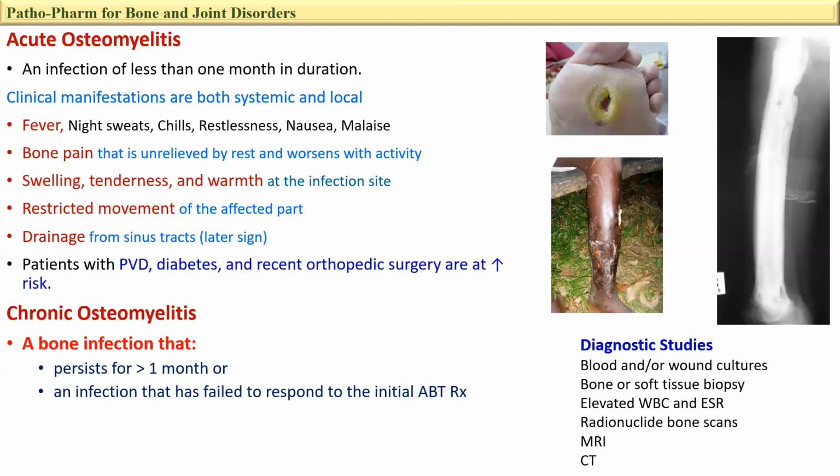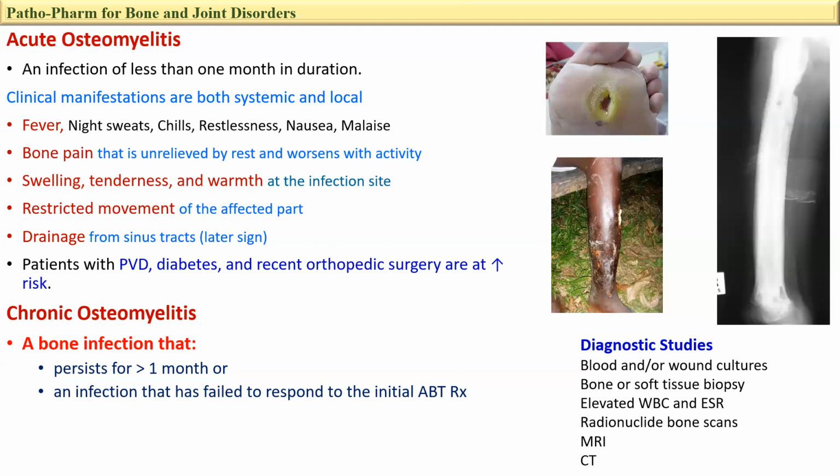And then when the bone infection persists for longer than 1 month, or when the infection is refractory or fails to respond to the initial antibiotic, it will be diagnosed as chronic osteomyelitis. So it's either a continuous, persistent process or an exacerbation and remission phase.